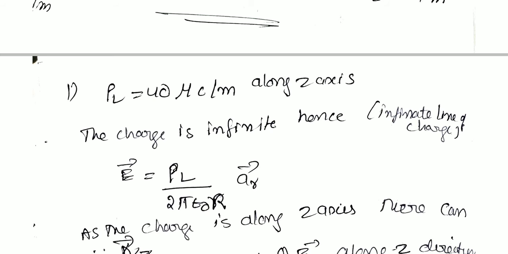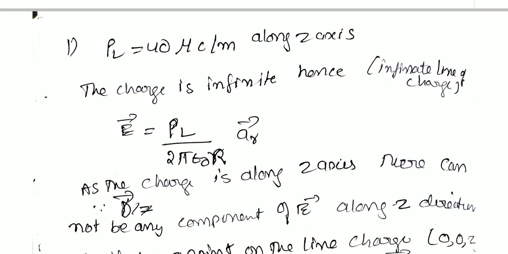So the vector due to the positive z axis and the vector due to the negative z axis get cancelled. Because of the infinite line, the vector due to positive and negative z axis get cancelled, and only we will get the vector due to x and y. In simple words, if we are considering the line on the z axis, I have to neglect the z coordinate, and we have to take the other two coordinates.